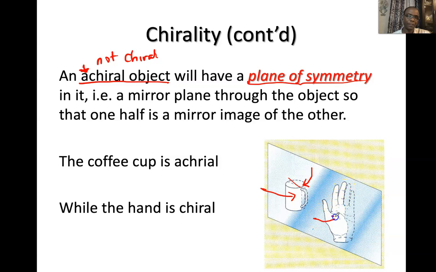Can you cut your hand into equal halves? No, because now the thumb, which is on the front of the mirror, is not at the back. Instead, you have a pinky. So you cannot cut your hand into equal halves because the thumb is not the same as the pinky. So this cup right here is achiral because it contains an internal plane of symmetry.